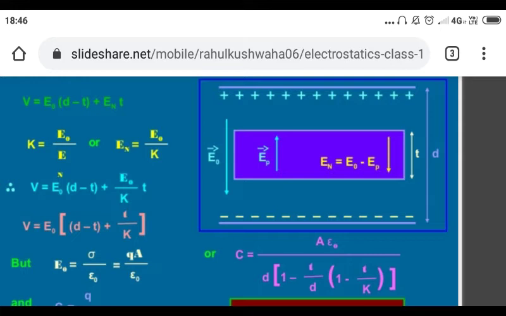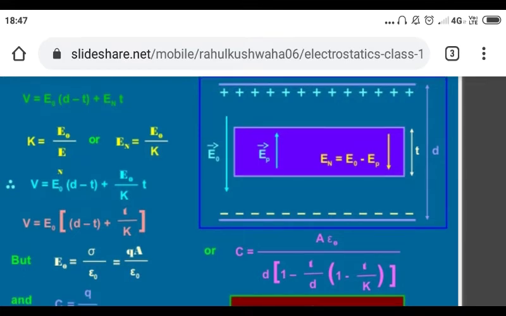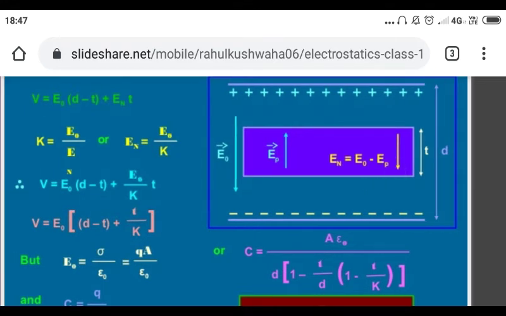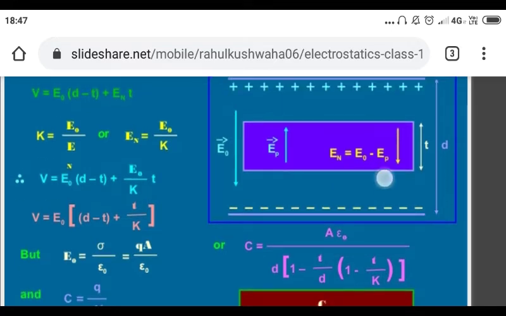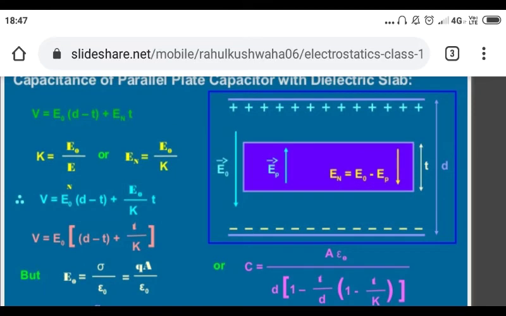And again, the electric field between the plates in the dielectric is sigma upon epsilon 0 epsilon r, as there are two mediums, or after putting sigma, q upon A epsilon 0 epsilon r. So the potential difference between the two plates: we have to consider both the space where air or vacuum is present, and the dielectric, together.